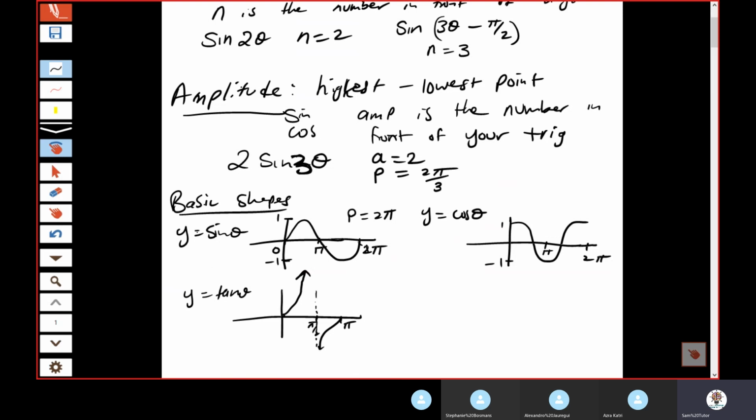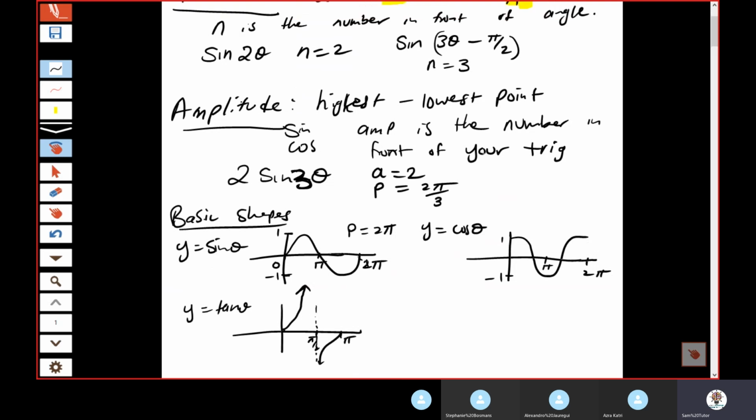My amplitude is the number in front, so it's 1, so go up 1, go down 1. Again, my period here is 2 pi on n is 1, so that means I should see one cos, which is exactly this shape, every 2 pi. One period. Period is 2 pi. I should see one cos every 2 pi.